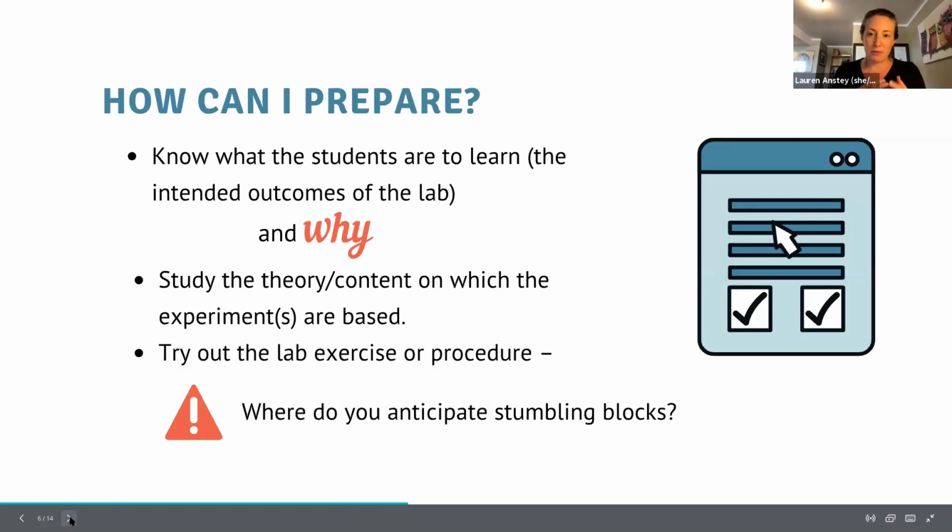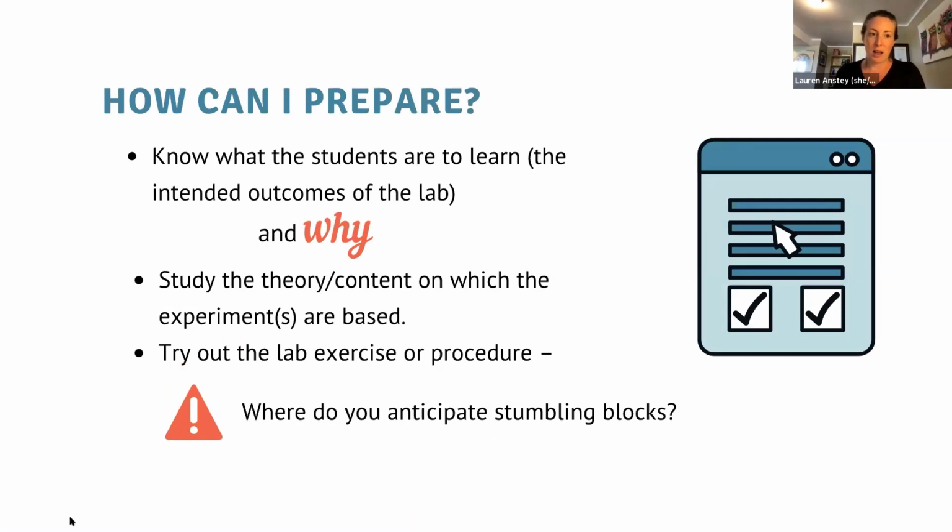The second of 4 questions that we identified is, how can I prepare? So in educational development in the Center for Teaching and Learning, we often think of the constructive alignment triangle that sees a connection between the outcomes of learning, the activities that students are doing, and the way in which they are assessed.